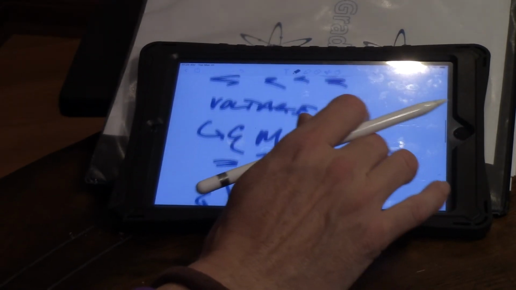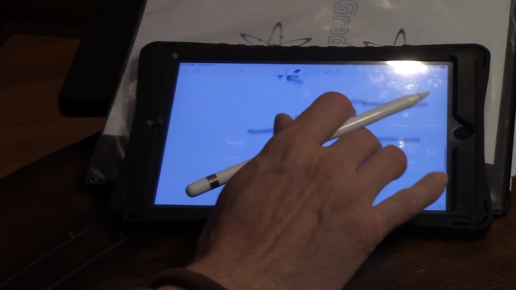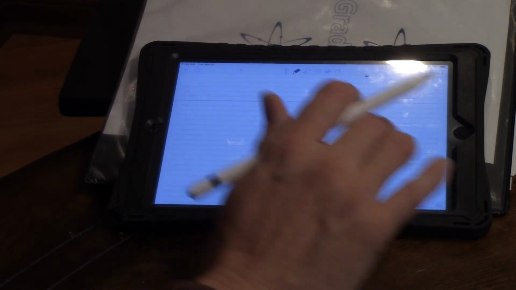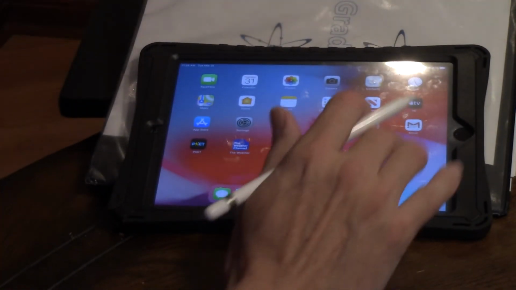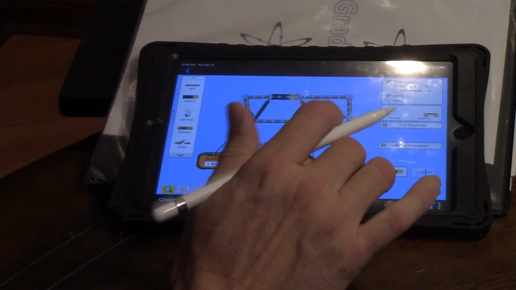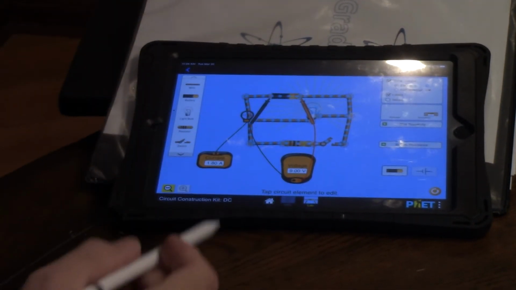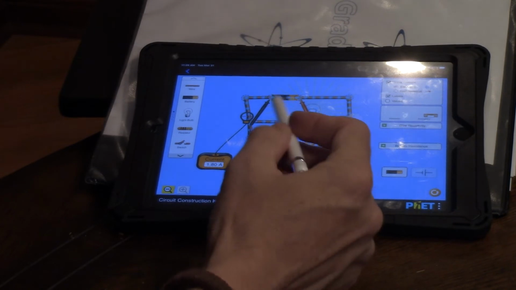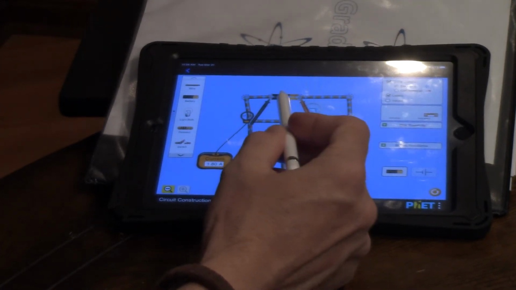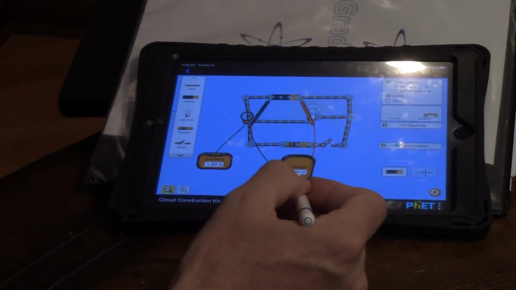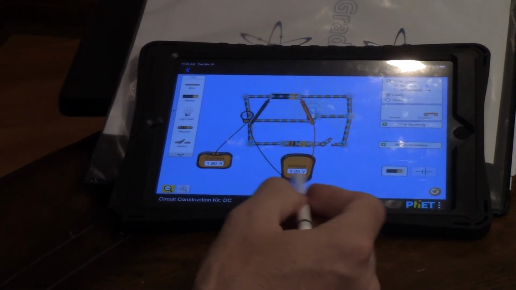Now, the other thing that happens with current is something known as Kirchhoff's rule. That's easier shown on an app. So if I go to this PhET simulation, I've got a battery, and the voltage across the battery is 9 volts.